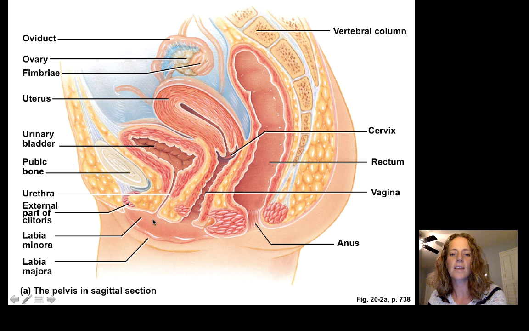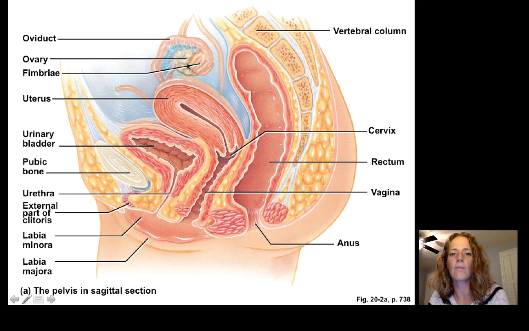So here is a cross-section of the female reproductive system in sagittal section. So here you can see from the outside the vulva structures, the opening to the vagina, and then the cervix, which is the neck portion of the uterus. So then here is the uterus. And then from the uterus, the uterine tubes, which will catch the eggs from the ovaries.